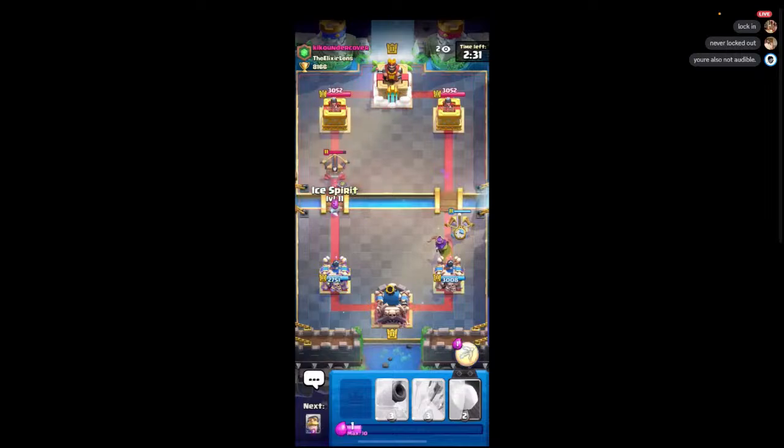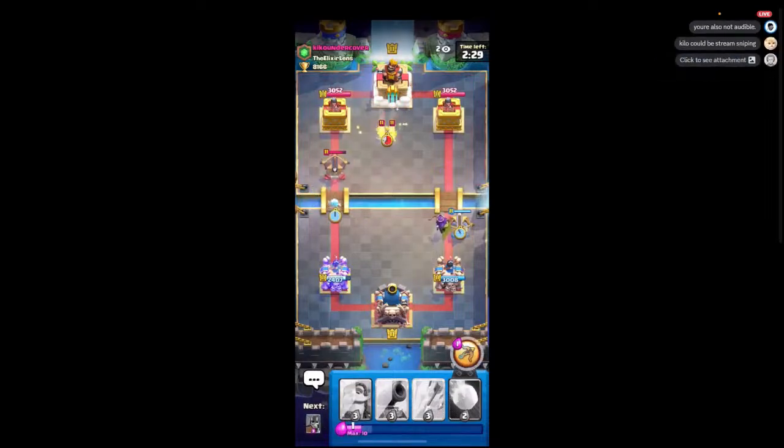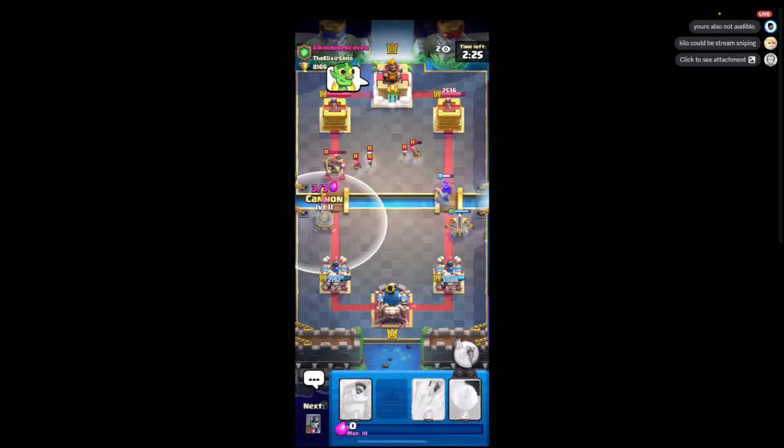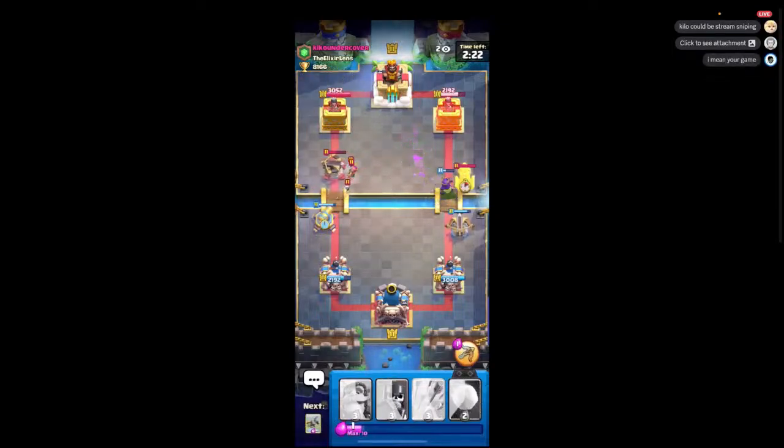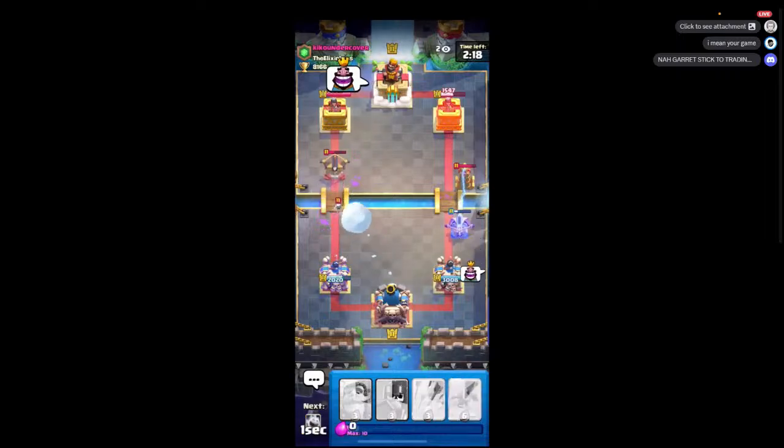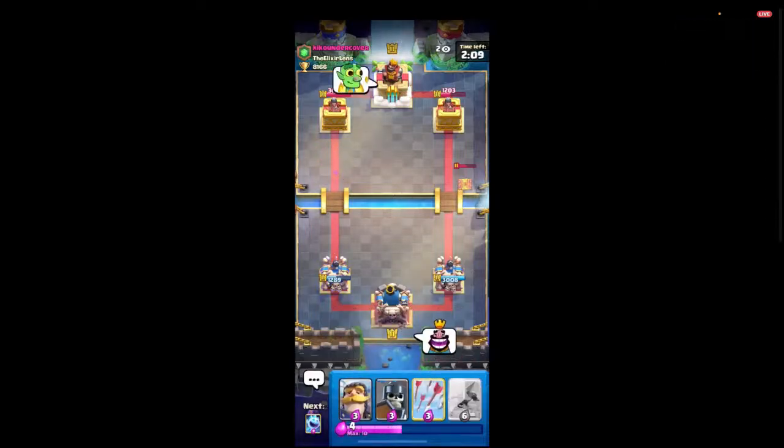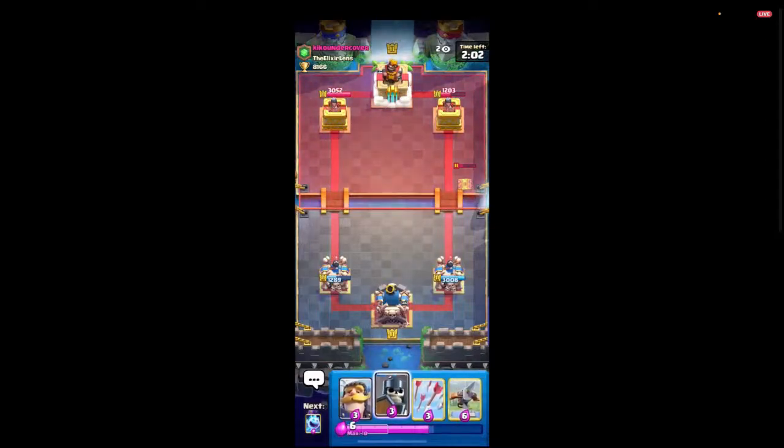What? They look so far away. Am I tweaking? Oh, you piece of shit. Okay, we're both using expo.